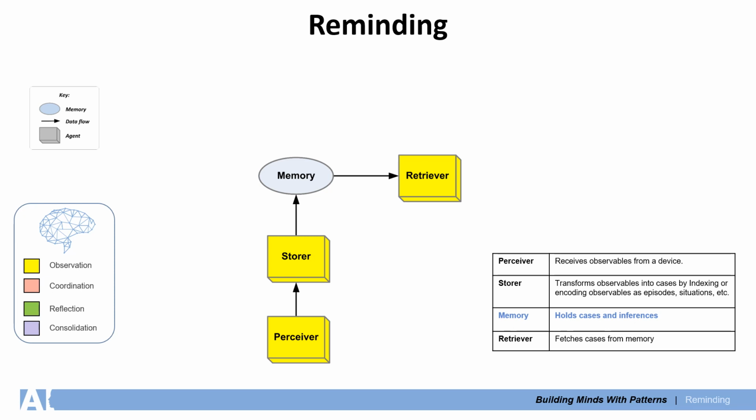The memory itself could be a neural network, database, knowledge base, flat file, or some other hybrid associative memory. The retriever fetches cases from memory using either a logical, similarity-based, or hybrid retrieval method. Forces for using the reminding pattern involve the necessity for the cognitive system to find specific cases, plans, situations, or episodes that match a particular context or situation.